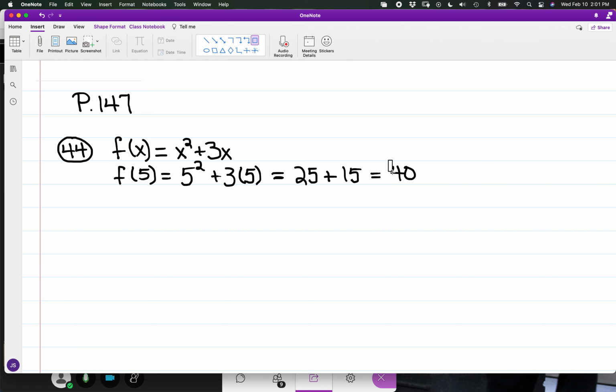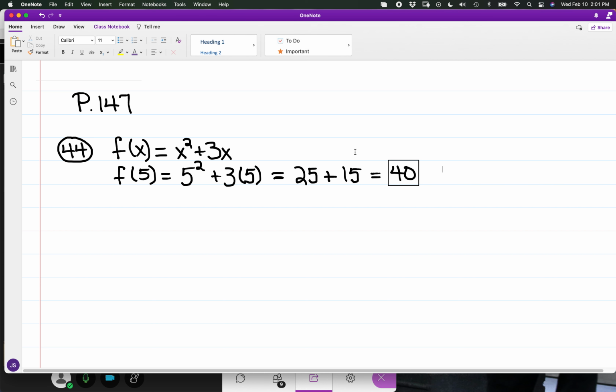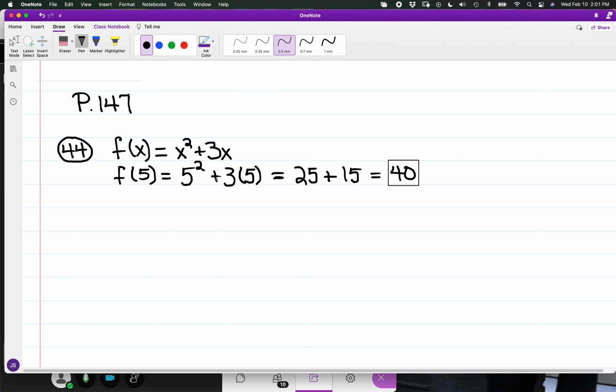Now for the next function, it may very well be that number 47 is virtually the easiest problem in the whole book. We are given g of x equal to 1 over x.